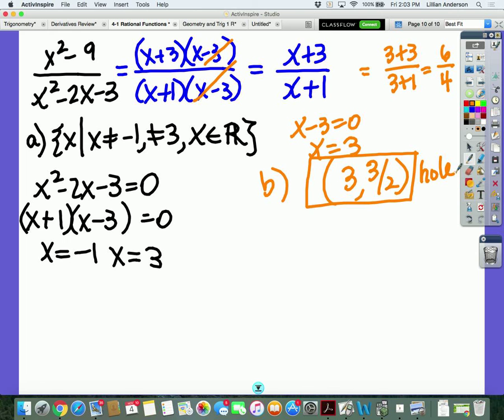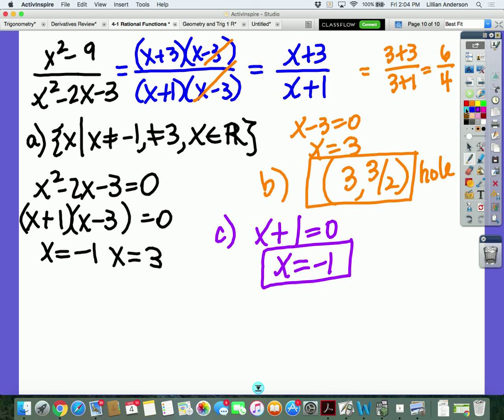To find your vertical asymptote, you're going to set the what? Denominator, which is now x plus 1, equal to 0. So the asymptote is x equals -1. So not the other one, because the domain basically takes into account all of the points where the graph is undefined.